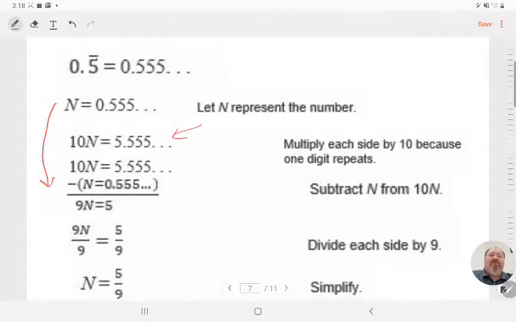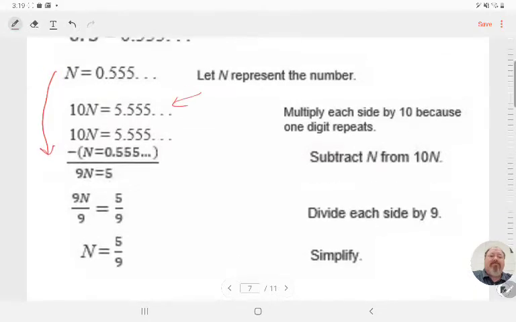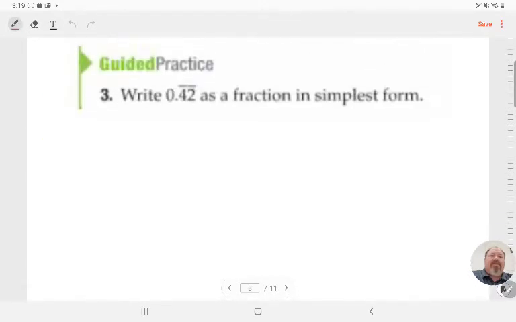And so when we subtract 10n equals 5.5 repeating, and we subtract 1n, which equals 0.5 repeating, we end up with 9n equals 5. We then divide both sides by 9, and n equals 5/9. Okay?